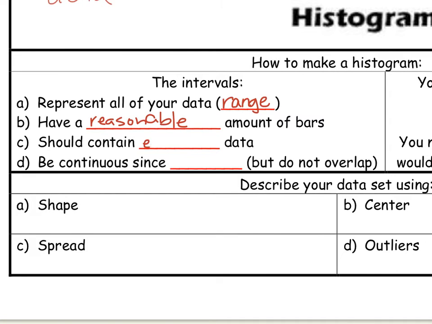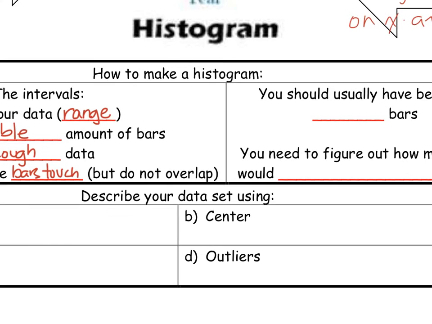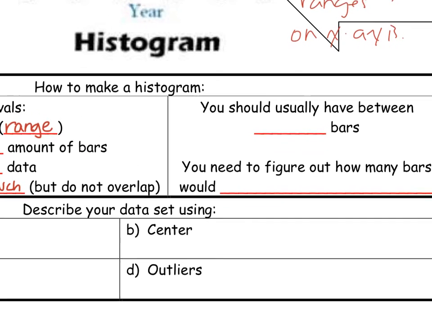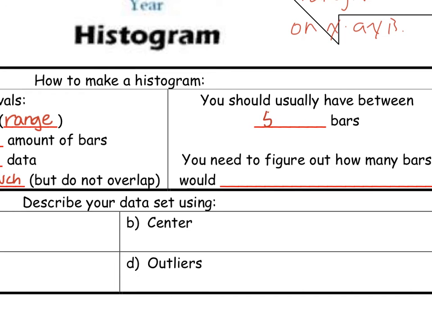They should contain enough data and be continuous, because the bars touch, but they do not overlap. So again, when we're looking at intervals, you should always have somewhere between 5 to 10 bars, depending on the data that you're measuring. And you need to figure out how many bars would best represent your data.